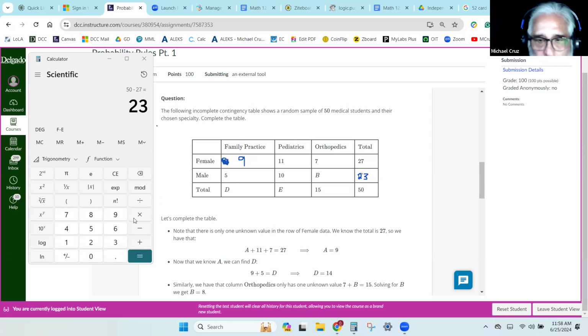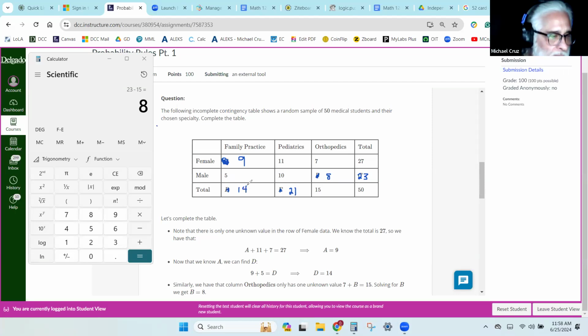And I'm going to subtract from 23. Then that means 8 will go here. No more blanks. We filled them in. Total up going down here. So 11 and 10 is 21. 9 and 5 is 14.